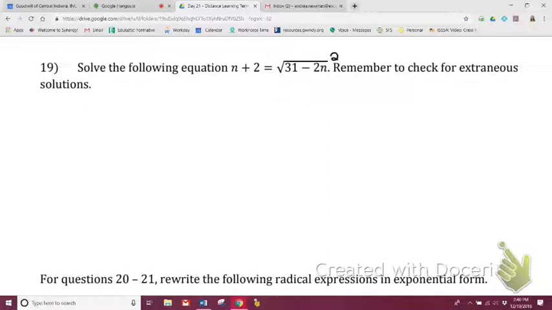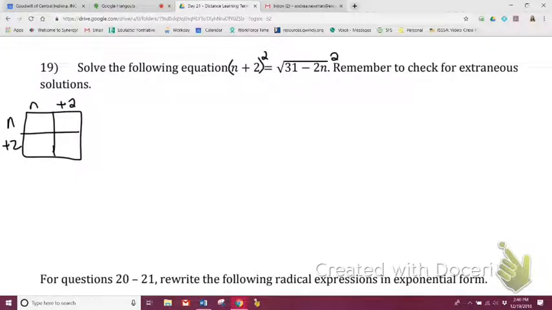When you square this left side, you have to square the whole thing. So the n plus 2. And then when you square n plus 2, that's when you have to use that box. So you're going to take n plus 2 times itself.